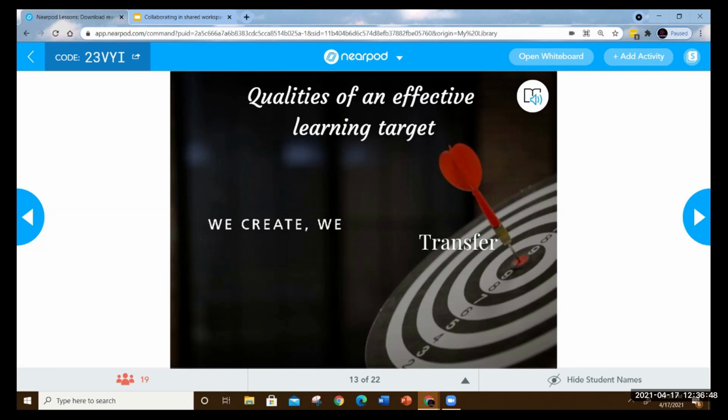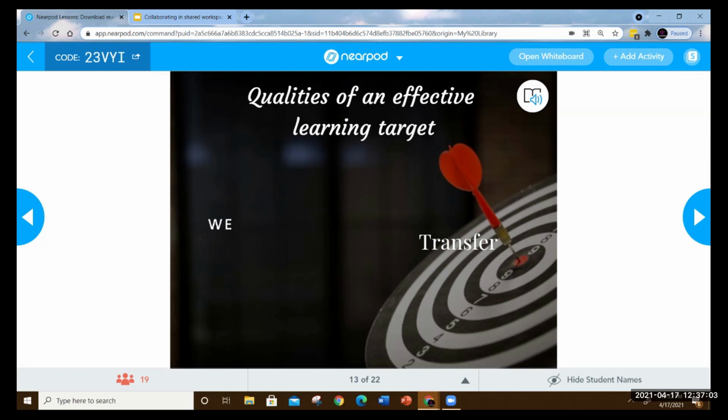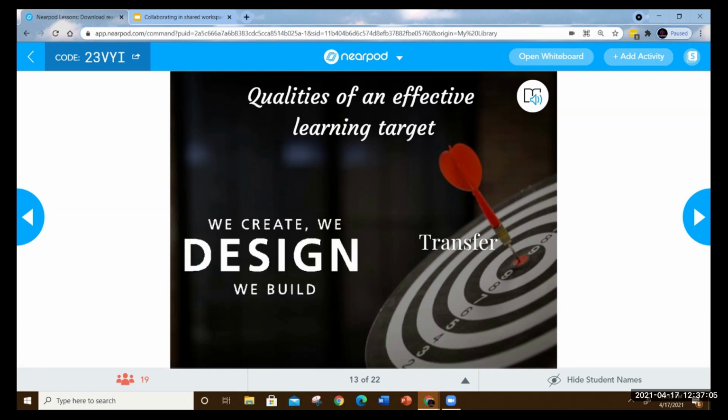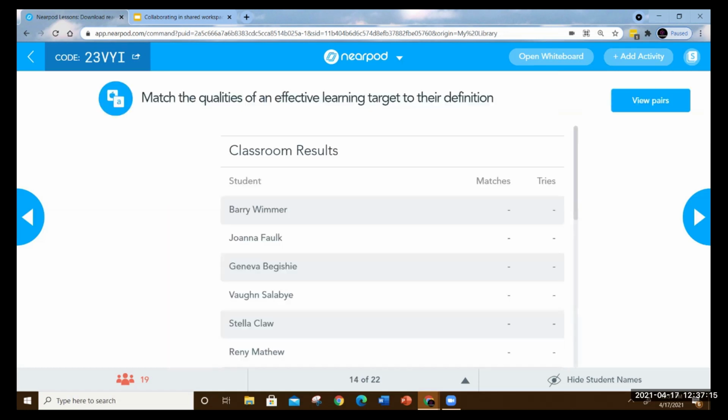Can they create maybe a variation of something? How do they design something or build something? If you're in mathematics, let's say, can they use a formula for a different purpose? Or can they think of how it could be applied in a different context? This is the transfer, okay? So all three of these elements need to be included.